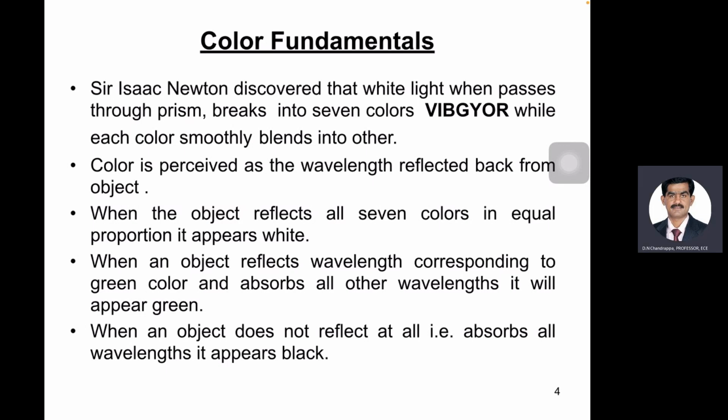While each color smoothly blends into the others. The color is perceived as the wavelength reflected back from the object. When an object reflects all 7 colors in equal proportion, it appears white.